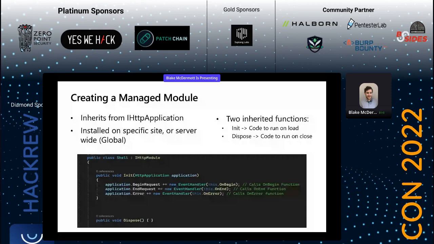And then at point 4, we assign the event handlers. These event handlers are functions that will be called when that event triggers. So these are pretty self-explanatory: BeginRequest when a request happens, EndRequest when a request is ending, or Error when an error occurs. Then at point 5, we can see the Dispose function. We can leave this blank unless we want to do some cleanup after ourselves, such as removing our event handlers.